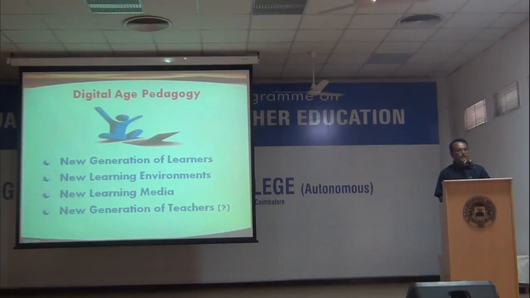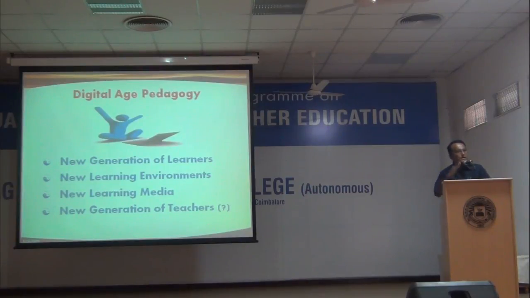Then why is there a need for a digital age pedagogy? The philosophy is very simple. There was a period in human history called the agriculture age or agrarian age, and what followed was an industrial age. A particular pedagogy was followed in the agriculture age, and when the industrial age came, that pedagogy was found to be unsuitable, so it was discarded, and we followed a different pedagogy for the industrial age.